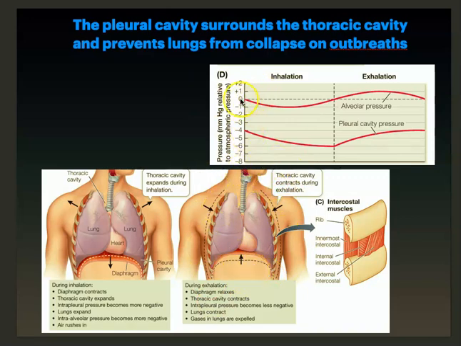And we can see that the pressure inside of the alveoli and in the pleural cavity rises and falls in the same pattern, but the pressure in the pleural cavity is always less than in the alveolar cavities, which means that it's always going to be pulling out a little bit on the lungs. So again, the lungs don't collapse.